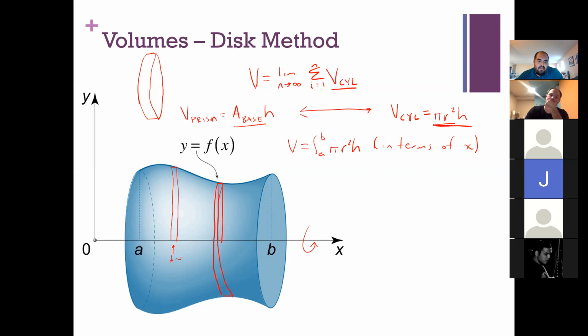This width is going to be dx. The value of the function. Yeah, so the radius is just going to come from the value of the function because, just think really basic. Actually, I'll just ask the room here. What does the word radius mean?